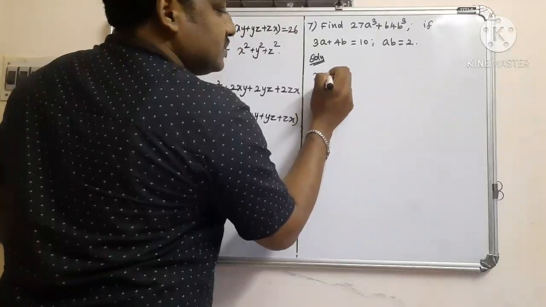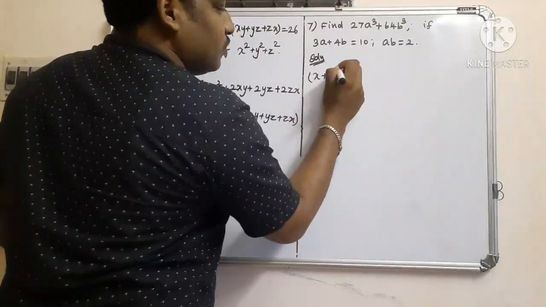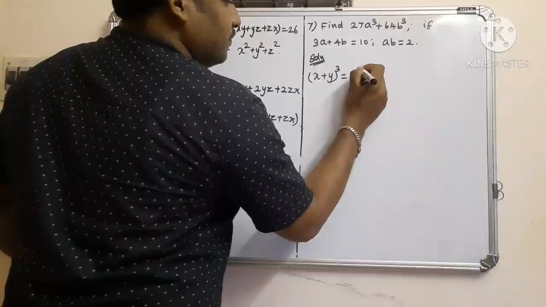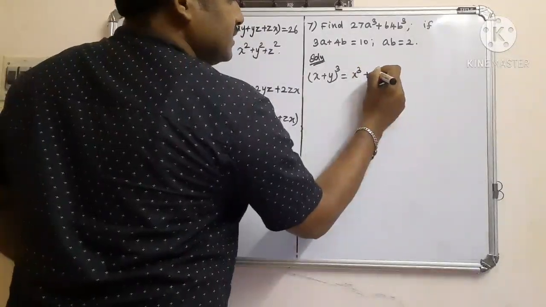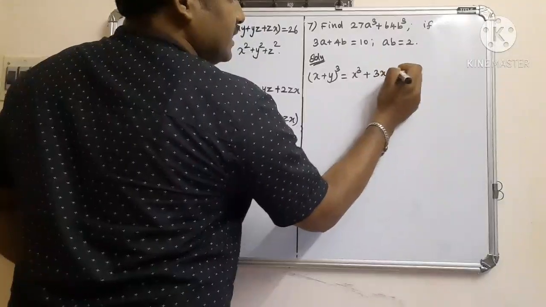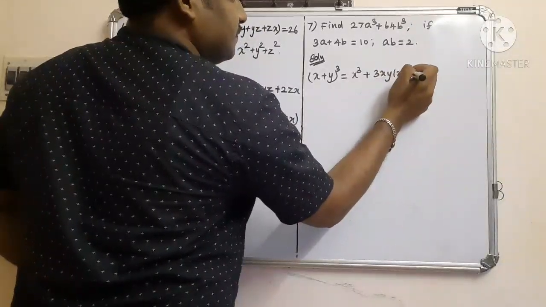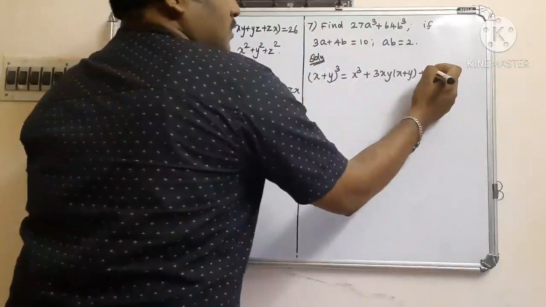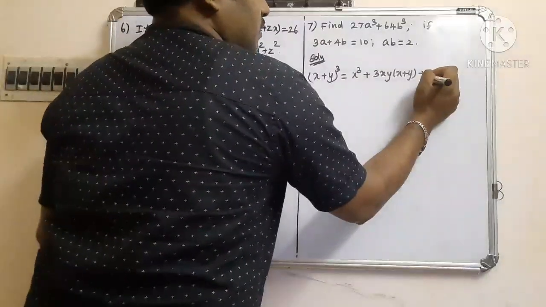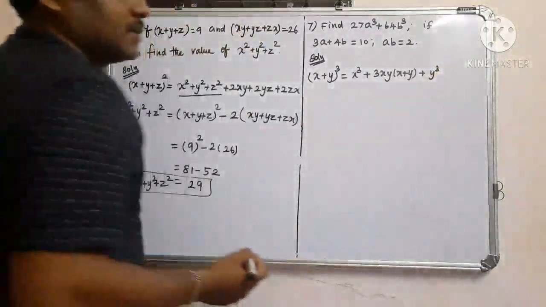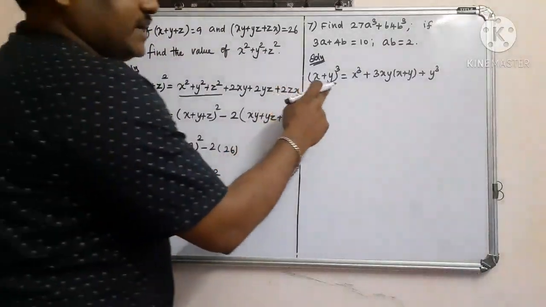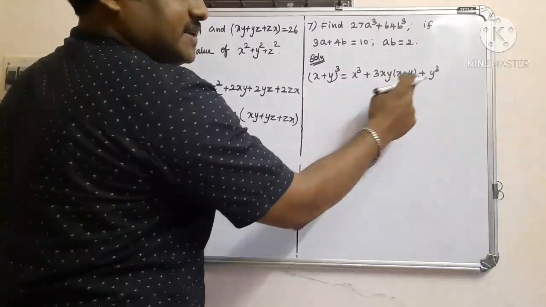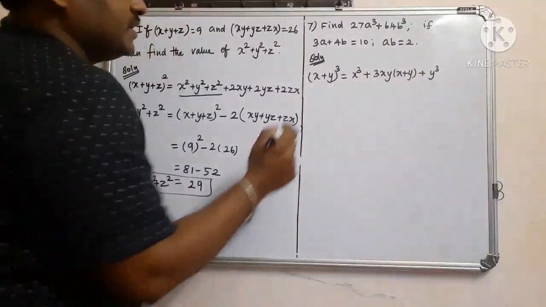x plus y the whole cube. We know the formula: x plus y the whole cube is x cube plus 3xy into x plus y plus y cube.